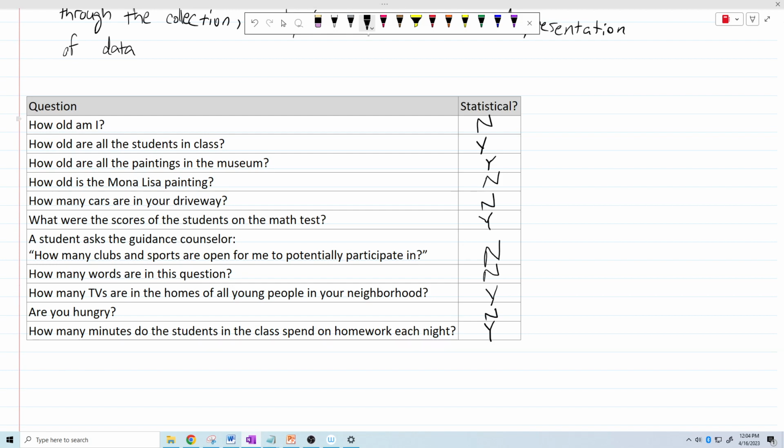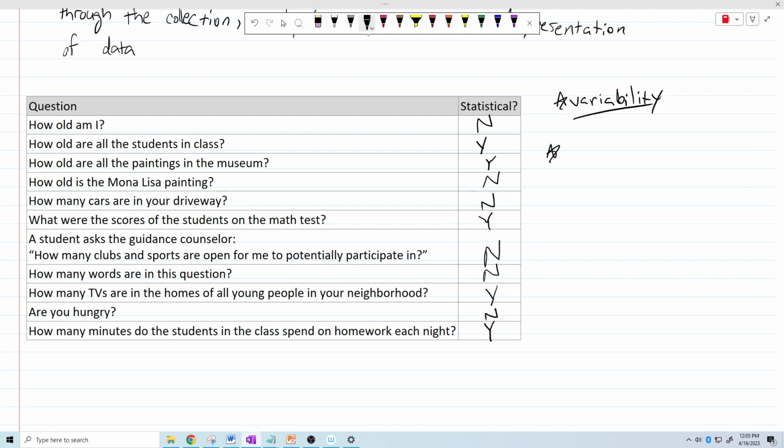Beyond variability being the key determinant, the question should be applied to an audience that is more than just yourself.